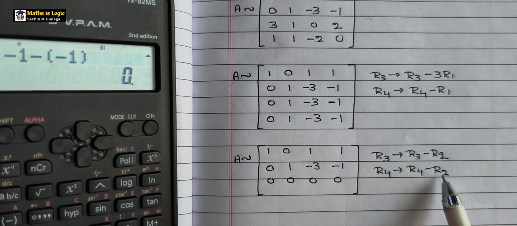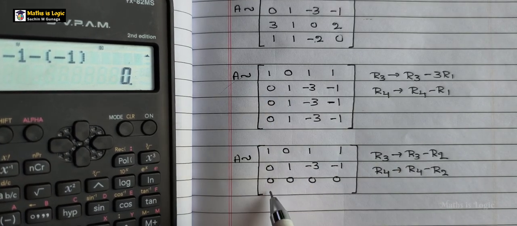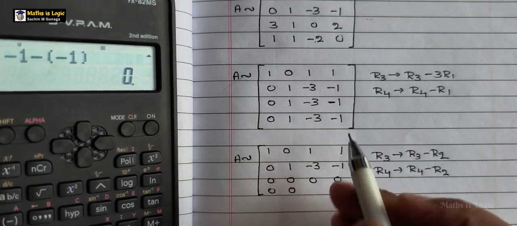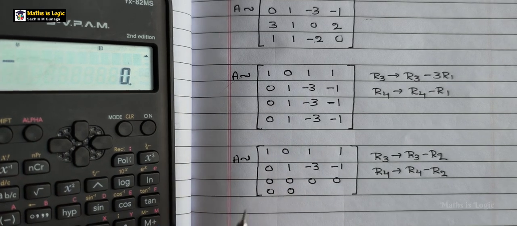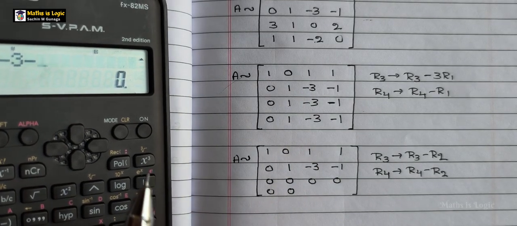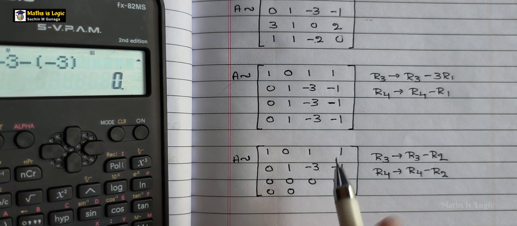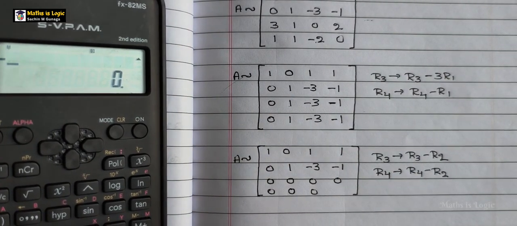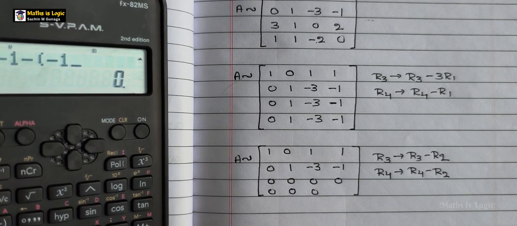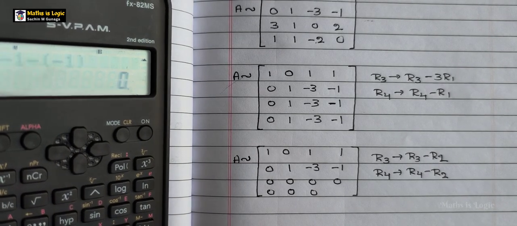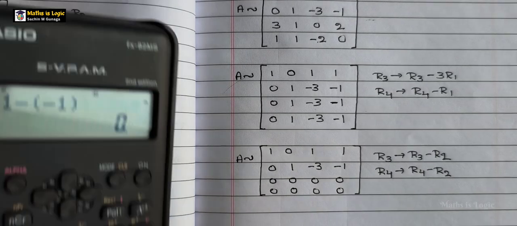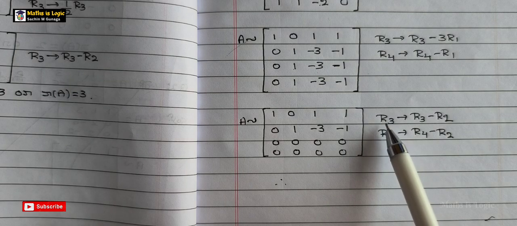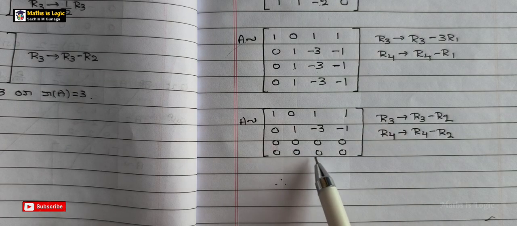Next R4 minus R2, 0 minus 0, 0. 1 minus 1, 0. Minus 3 minus of minus 3, again it goes to 0. Similarly minus 1 minus of minus 1, again 0. So after applying the row transformation for the third row as well as the fourth row, we are getting 0.